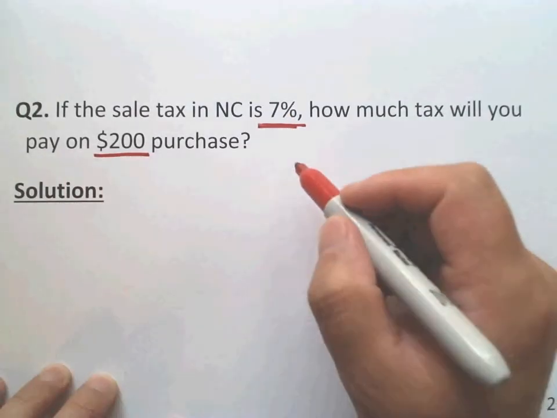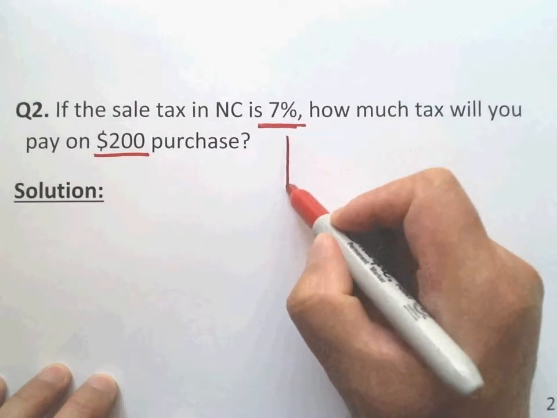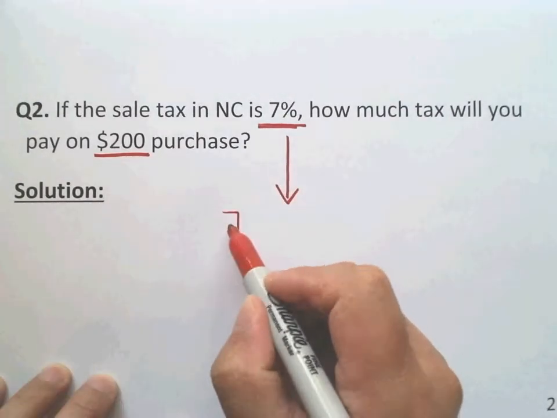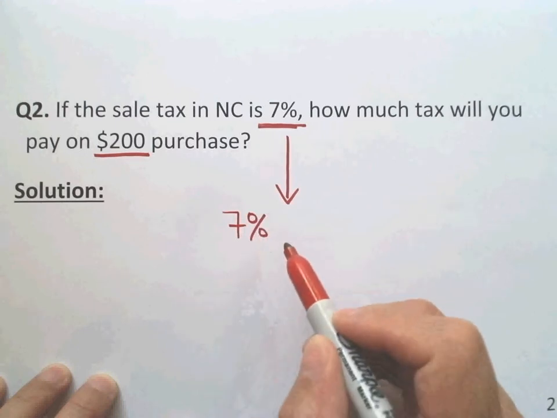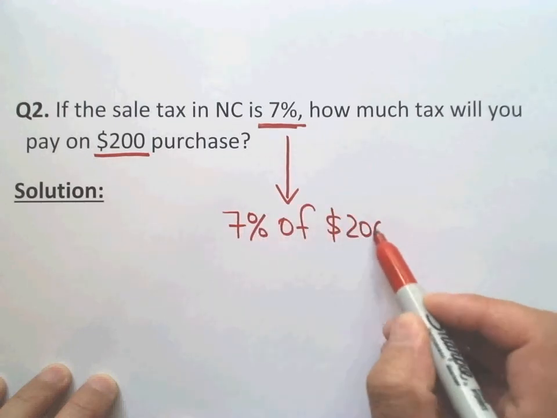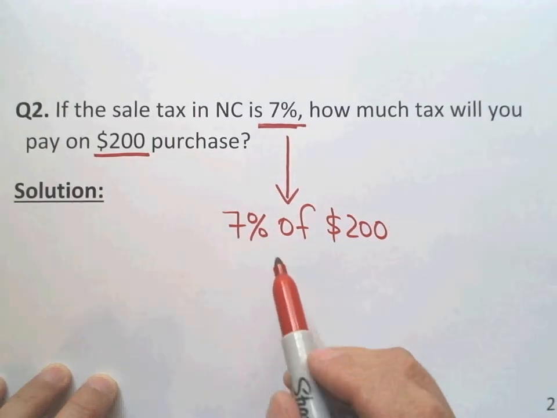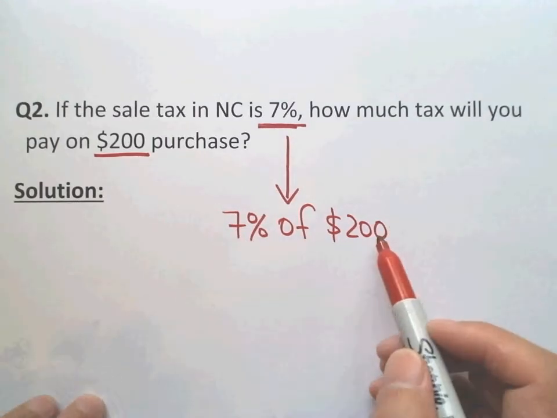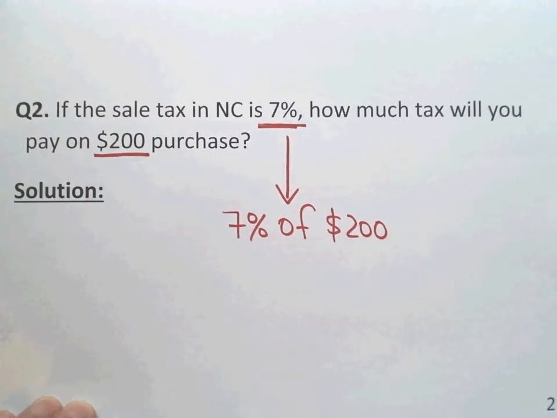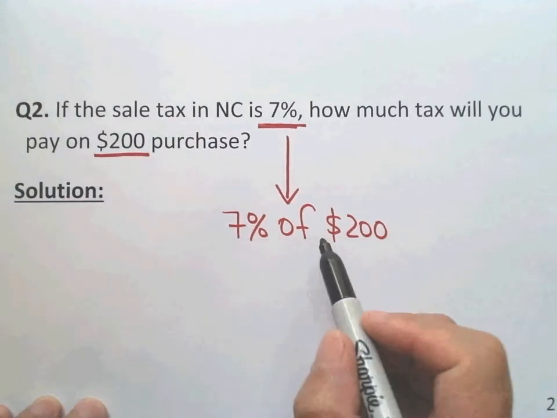Let me write it like this: 7% of $200. What does this mean? "Of" means times.